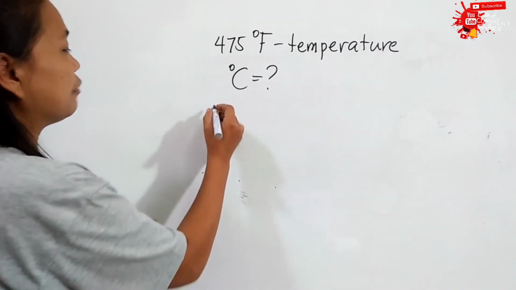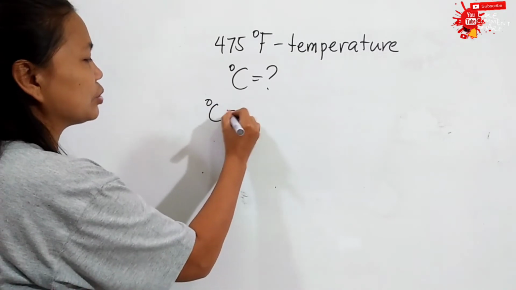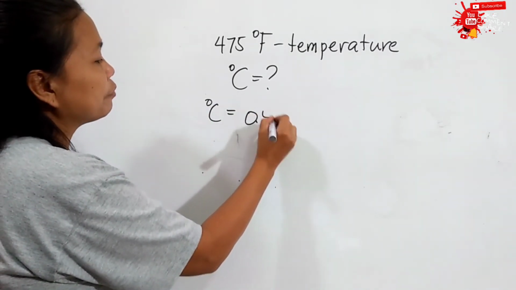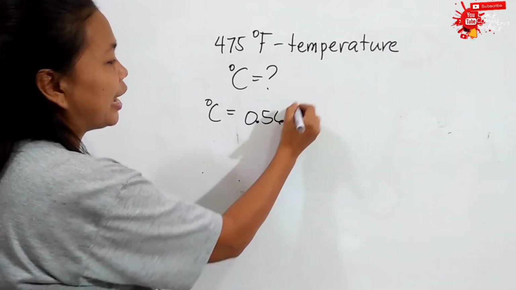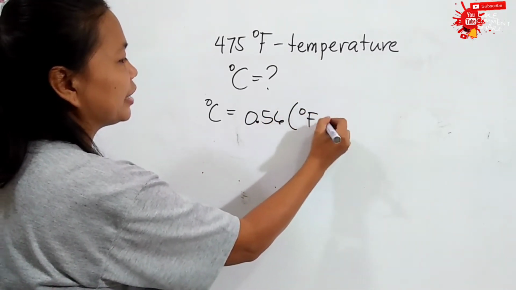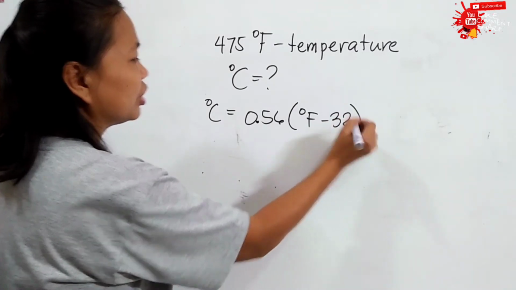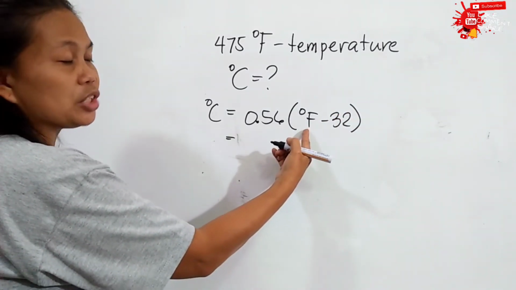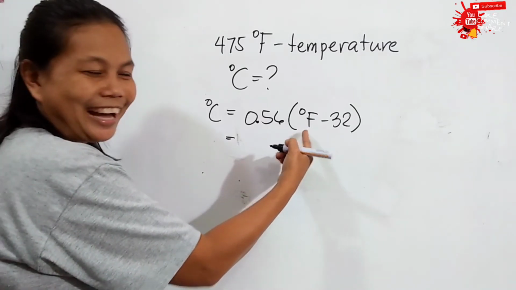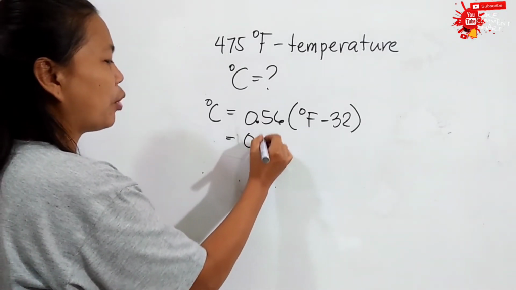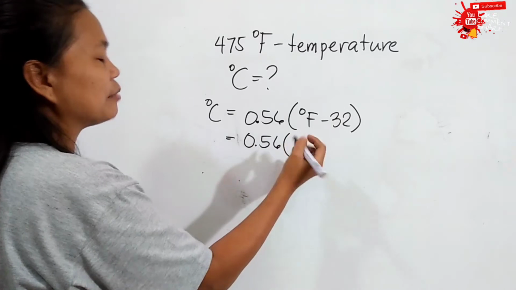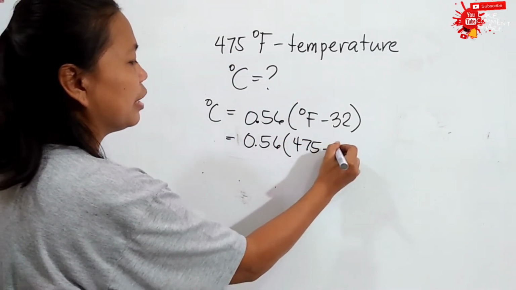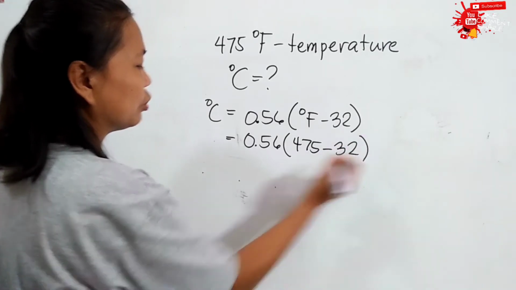We need the formula: degree Celsius is equal to 0.56 times degree Fahrenheit minus 32. So let us substitute the given temperature in degrees Fahrenheit. We have here 0.56 times the quantity of 475 minus 32.